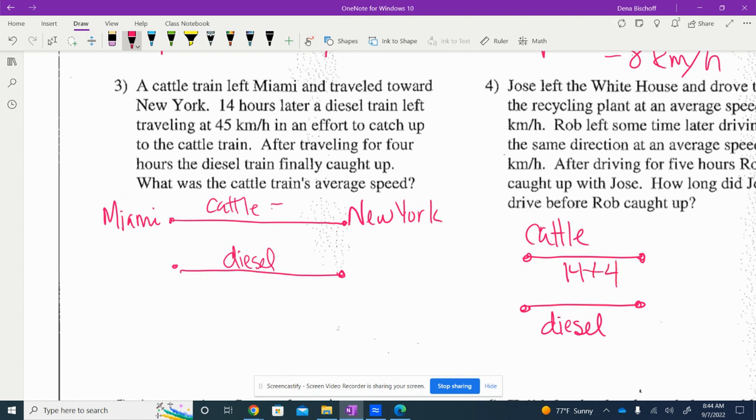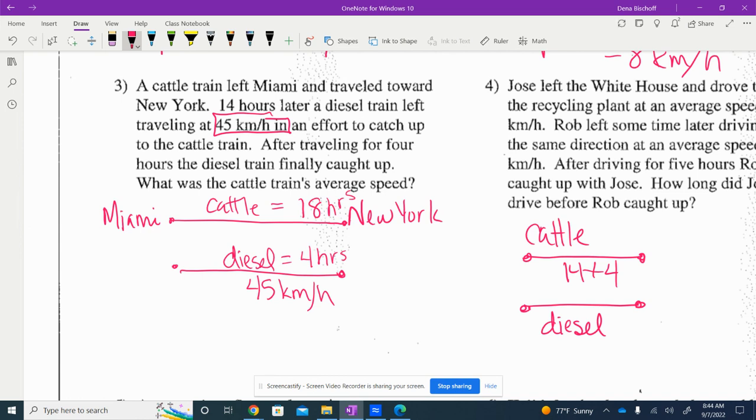So what was the total time that the cattle train was on the tracks? But the total time for the diesel train was 4 hours. Do you see how we discover that? Okay. It says that the diesel train was traveling at an average speed of 45 kilometers per hour.